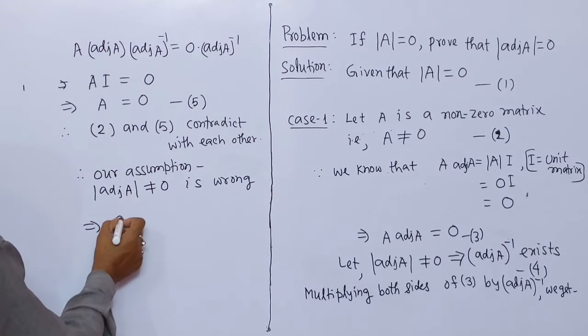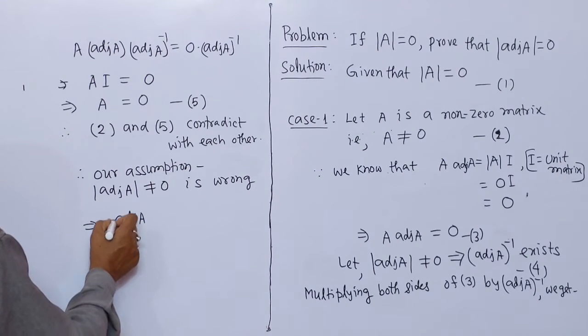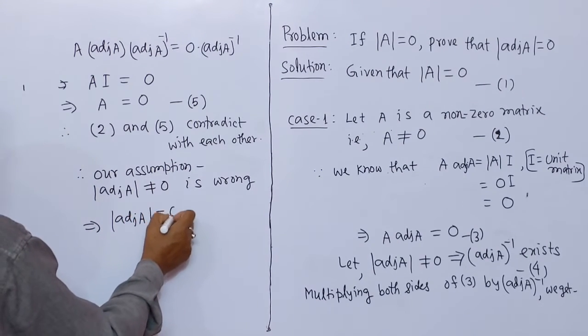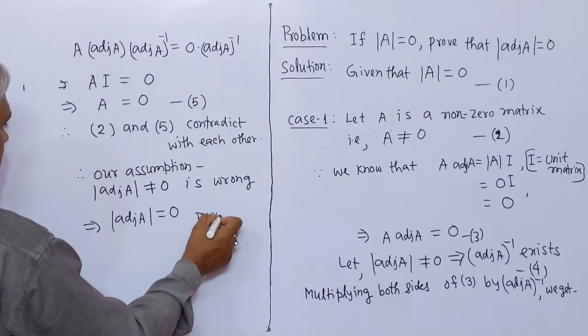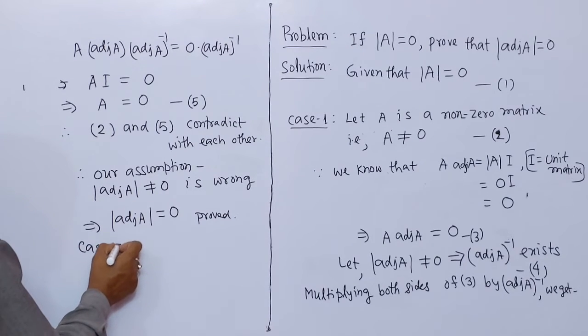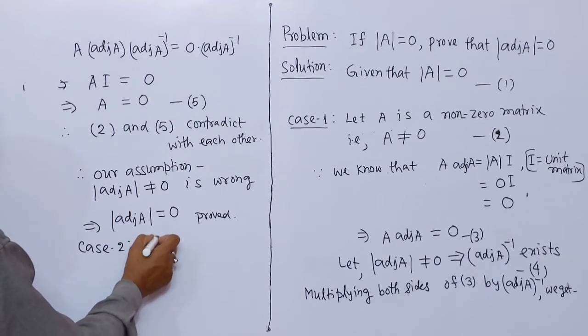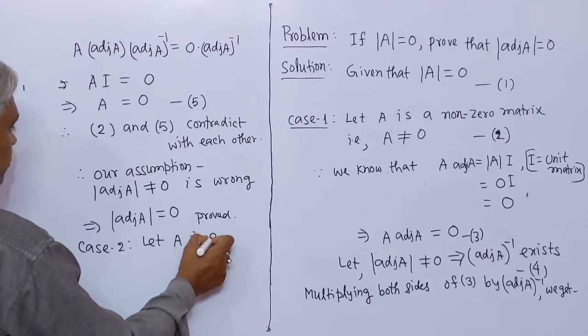This implies that determinant of adjoint A equal to 0. Proved. Case 2. Let A be a 0 matrix.